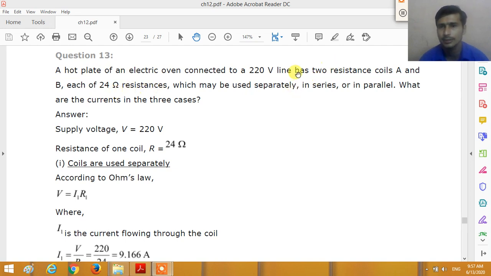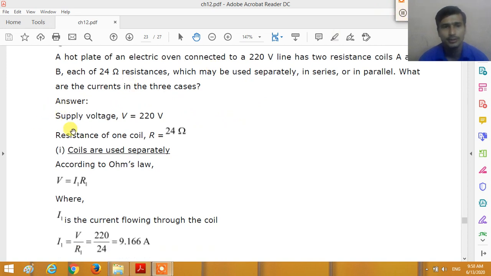Here the two coils, coil A and coil B, have a resistance of 24 ohm, which may be used separately, in series or in parallel. What are the currents in the three cases? When we use them separately, in series, or in parallel, what is the current passing through the circuit?